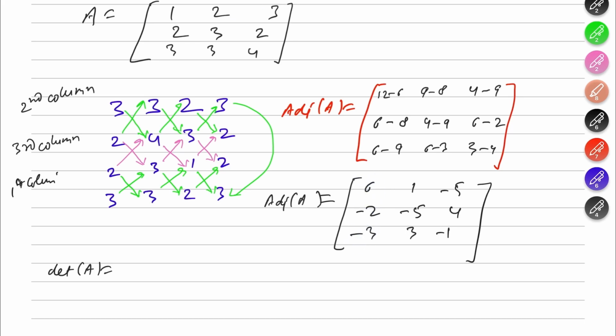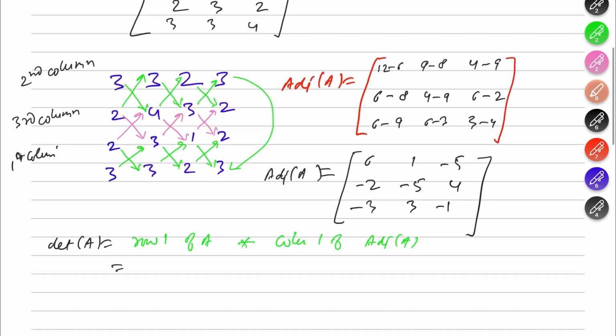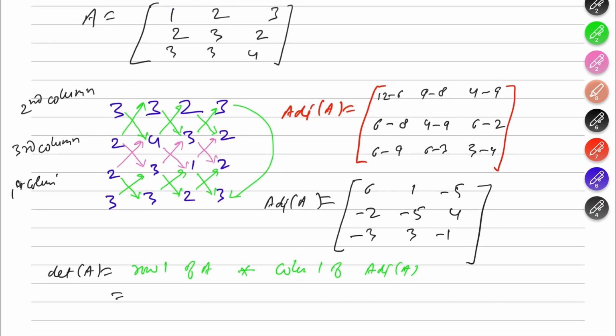We multiply row 1 of matrix A into column 1 of the adjoint of A. Row 1 means 1 here and 6 here. So 1 into 6, plus 2 here and minus 2 here, so 2 into minus 2, and again 3 here and minus 3 here.